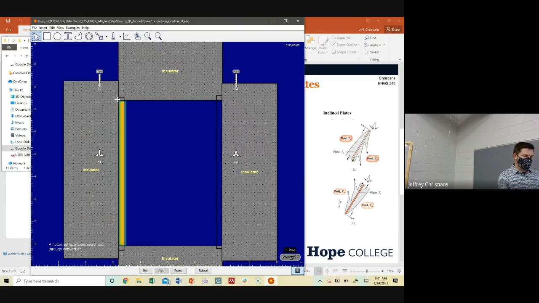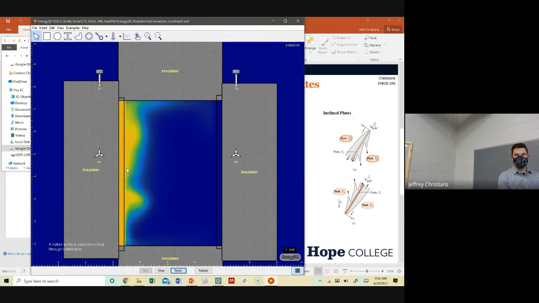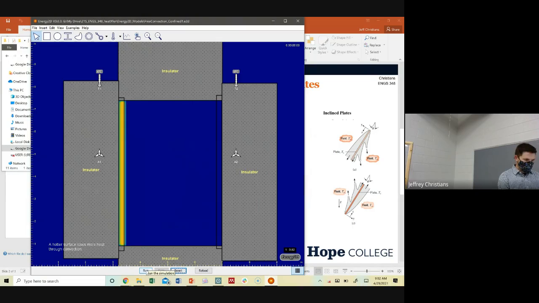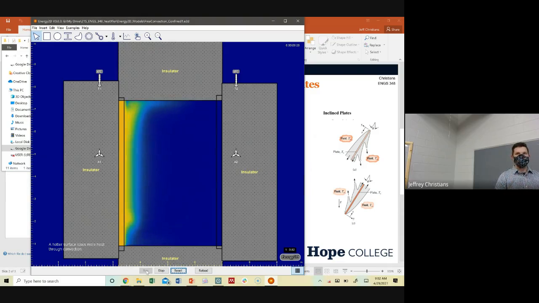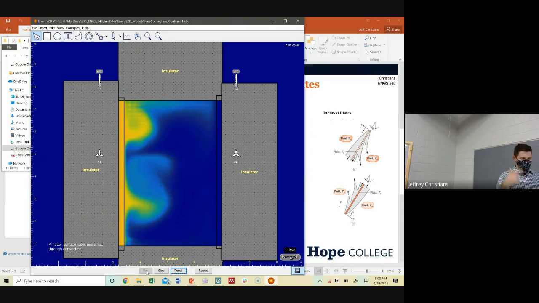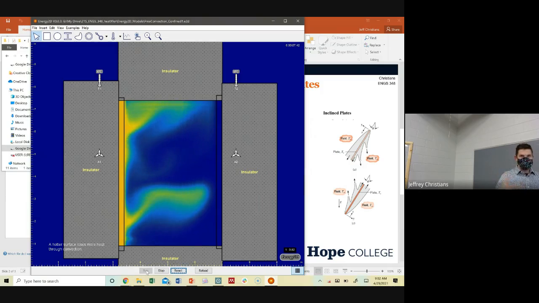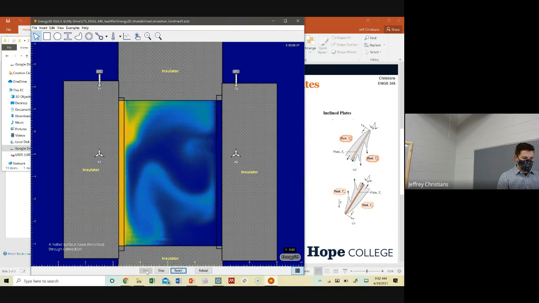So we have a hot thing on the left side and a cold thing on the right side. We run this simulation. You can see it starts, it wanted to be conduction. If we set that up, the initial heat transfer that's happening looks like conduction, but then that density difference takes over and we start to see the density difference driving a flow.